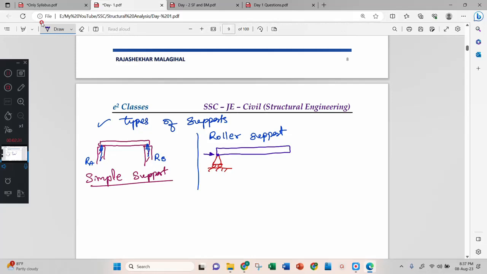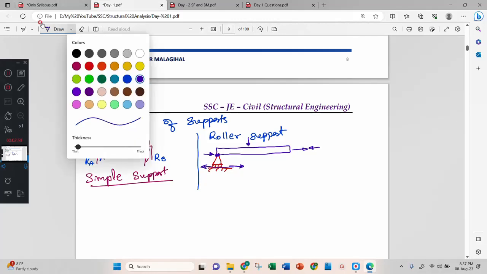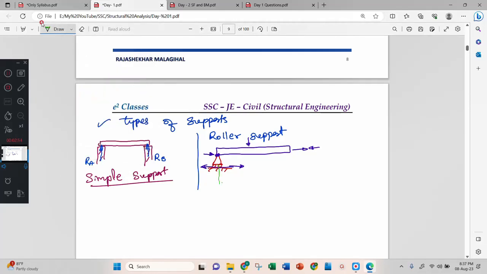The beam and this support are both pinned at a particular point, and there is a roller here. If I push in the horizontal direction, it moves in that direction. But if I push in the vertical direction, there won't be any motion. Therefore, I will be considering only one reaction for this, that is your RA. Only one reaction will be there for a roller support.